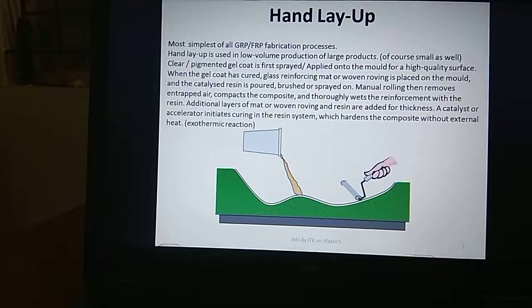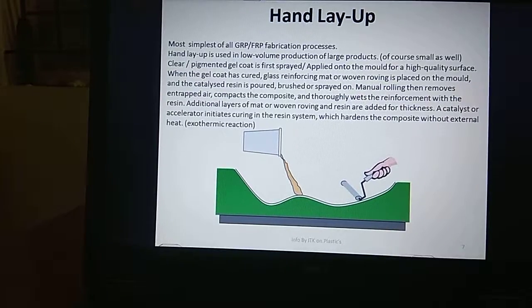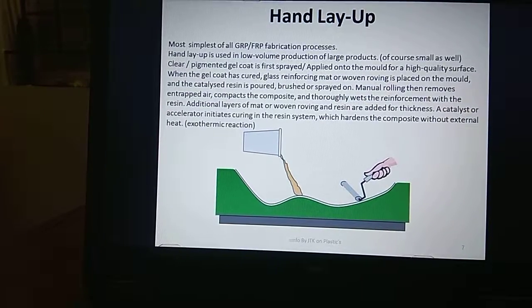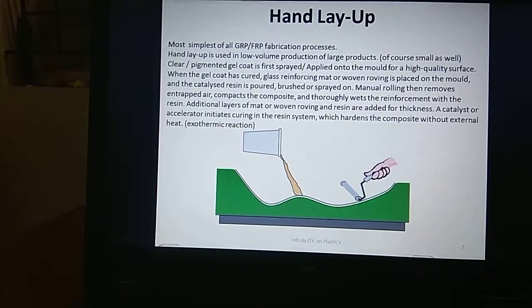Additional layers of fiberglass mat and resin are added based on the thickness requirement. The catalyst or accelerator initiates the curing in the resin system, which hardens the composite without external heat. This process of converting liquid into a hard solid is called an exothermic reaction.